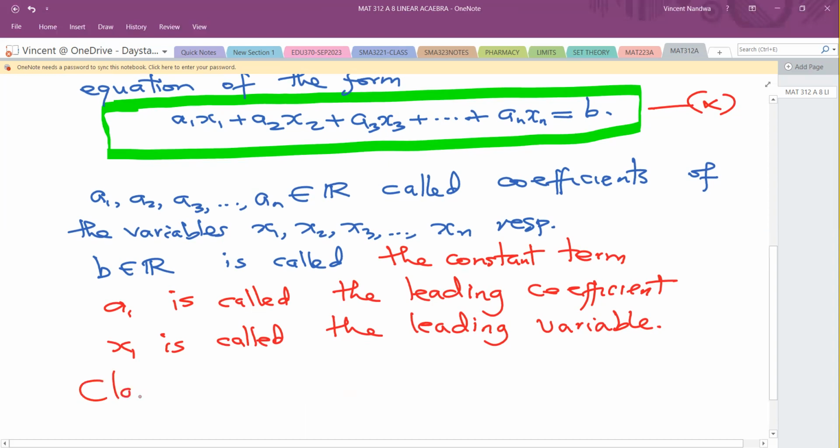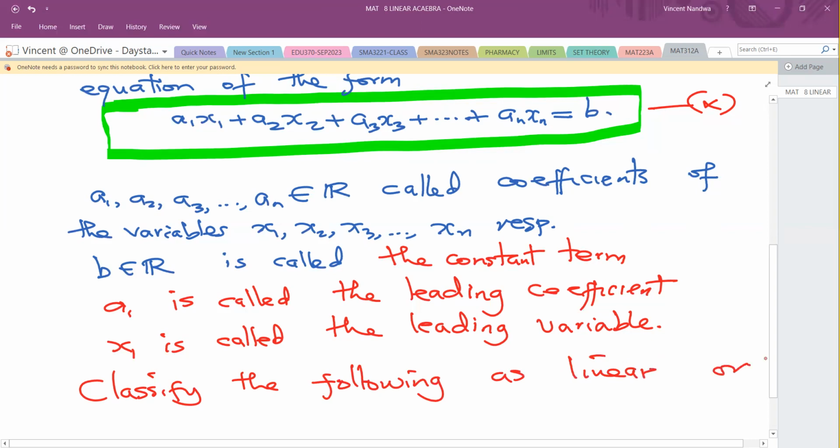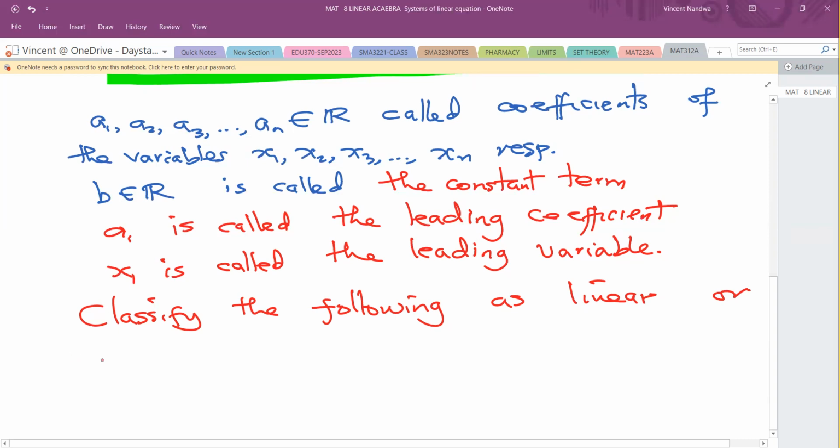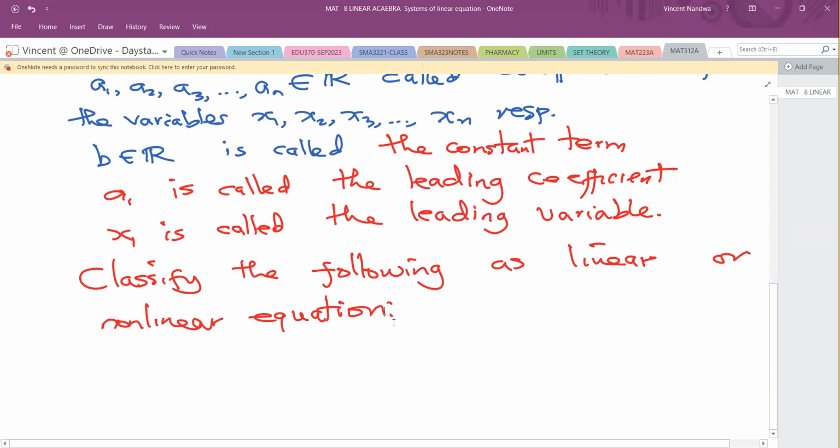So classify the following as linear. An equation which is not linear is said to be nonlinear. So the first one, A: 4x plus 5y equals 20.